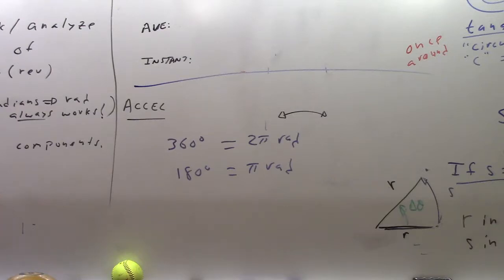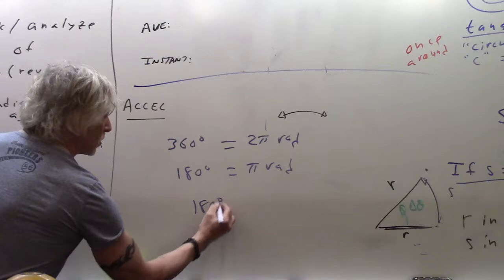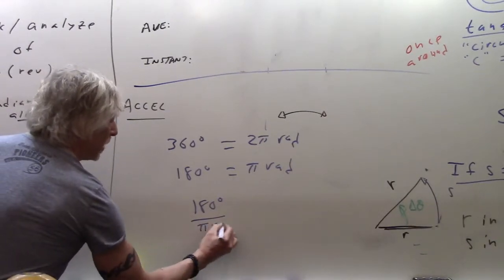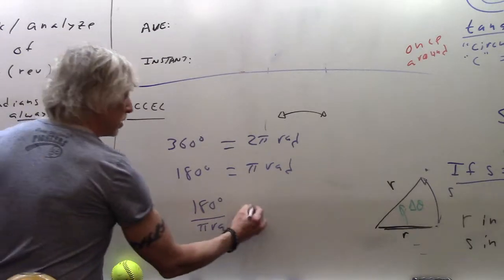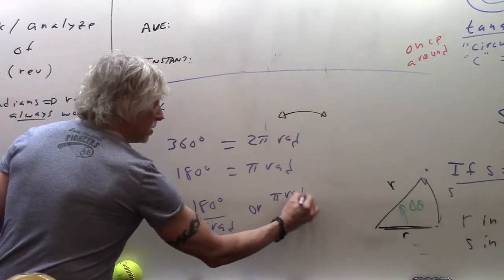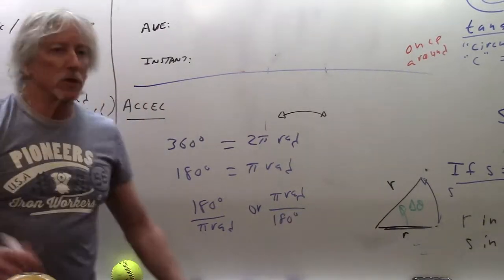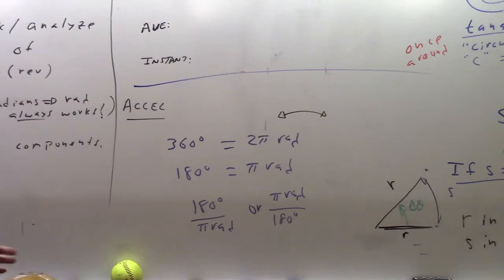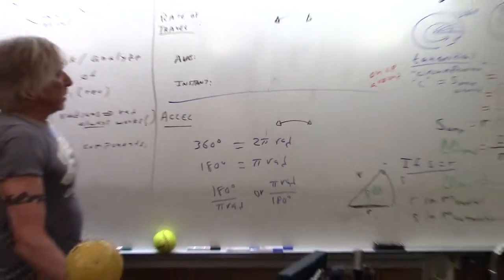And so the conversion factor, or the relationship, would be 180 degrees over pi radians is physically 1, physical unity. Or you can use pi radians per 180 degrees, and you can certainly convert between those two. So it's that easy. Okay, cool.